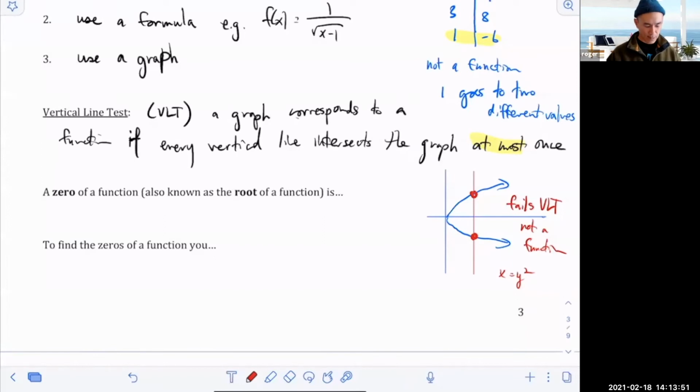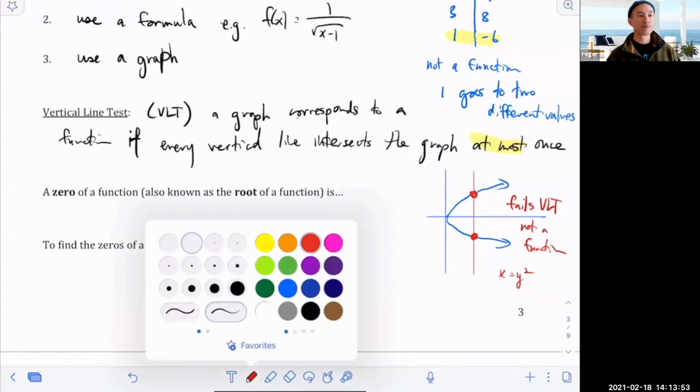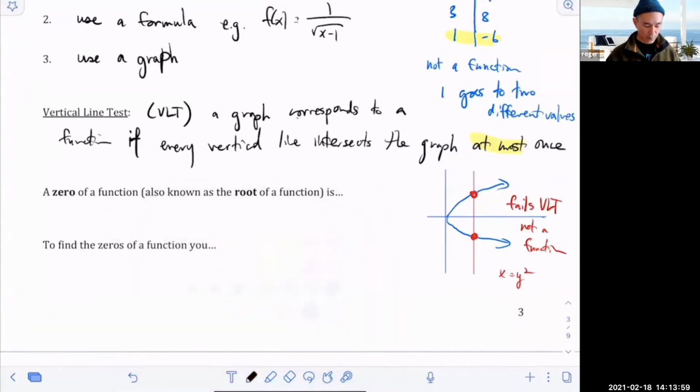The zero of a function, the zeros of a function are the points. It could be more than one point where the function, sorry, I want to be more specific. It's not just points, they're really the x values.